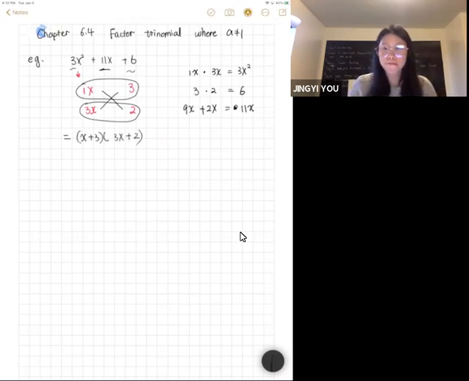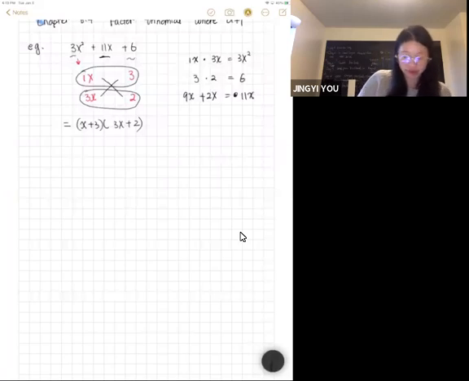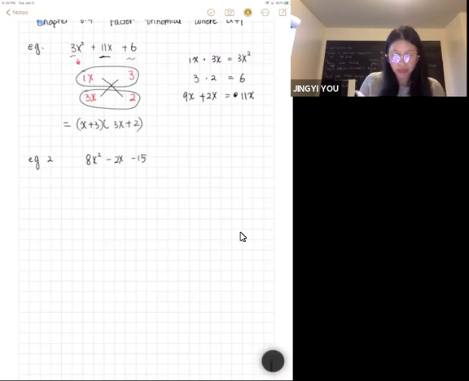Okay? So now let me give you an example. I know it's a little bit confusing, but the more examples that you do, the more you will understand. So now I have 8x squared minus 2x minus 15. Since these three coefficients don't have a common factor you can factor out, we need to use this cross multiply method.